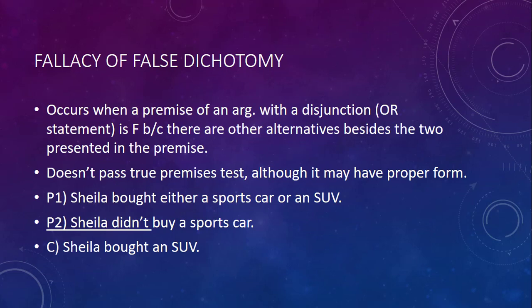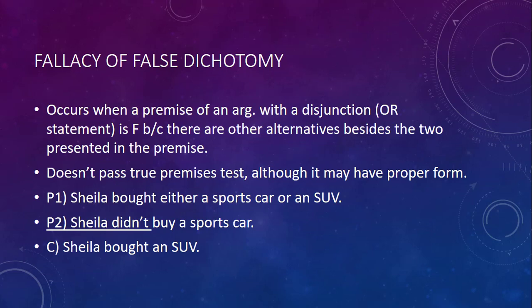You might have a premise that is broken up in disjuncts in a kind of triple way, such as I'm either going to Paris or Qatar or to Canada, right? But either way, the fallacy of false dichotomy occurs when a premise of an argument with a disjunction is false because there are other alternatives besides the ones presented in the premise.